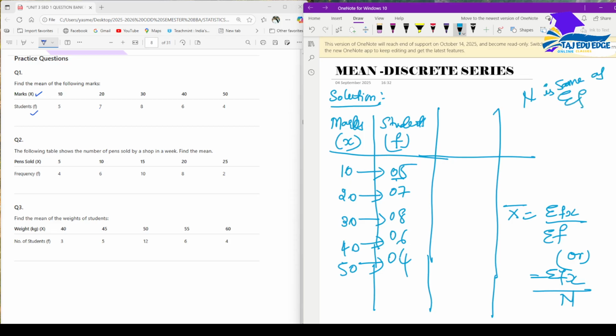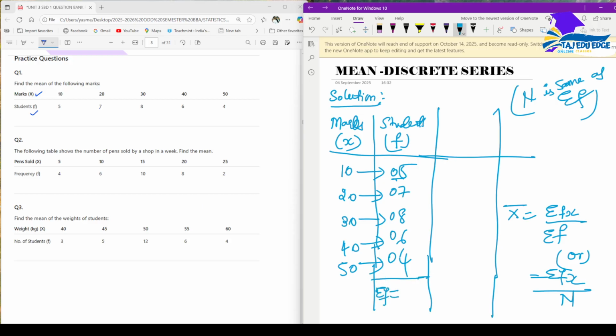Same, capital N here. Okay, when we were calculating mean, median, mode in individual series, then we were using small n, that means number of items. Here also number of items only, but we are taking the total of f, that is summation of f.